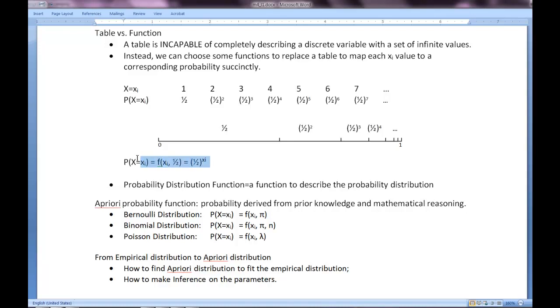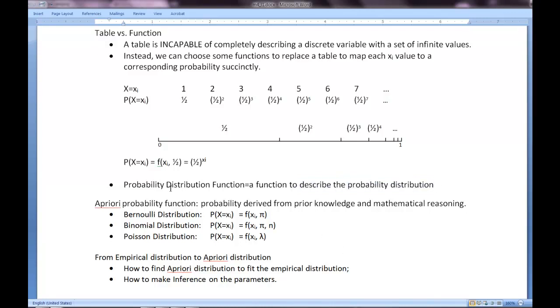So typically we would draw the independent variable in the horizontal axis, and then the resulting value we call the dependent variable in the vertical axis. And that is how we can use a function to replace a table to describe the distribution for a discrete variable that has an infinite number of values.